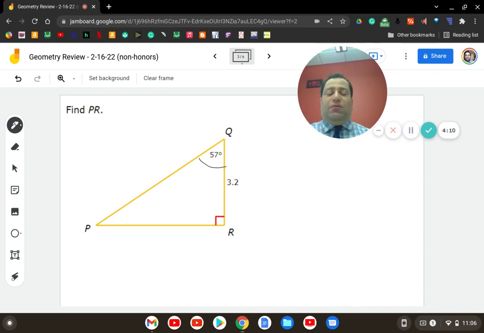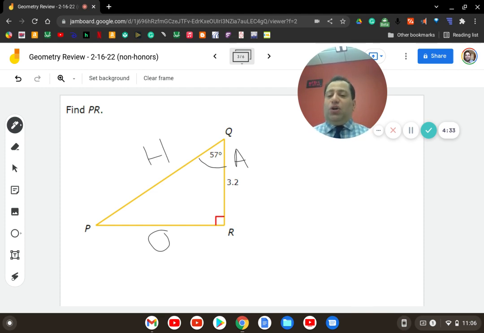From my reference angle, I can identify the hypotenuse because it's opposite the right angle. The side across from the reference angle is called the opposite side. And the side next to the reference angle is called the adjacent side.